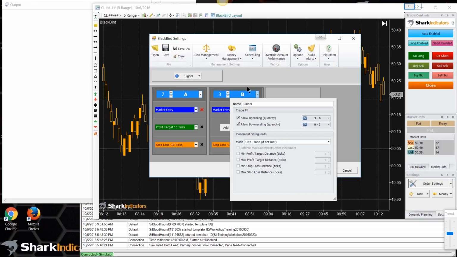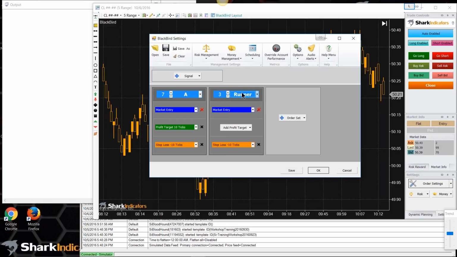Right, 3 of them we want to be our runner. And let's say you think that your runners are more important than your quick profit target here.